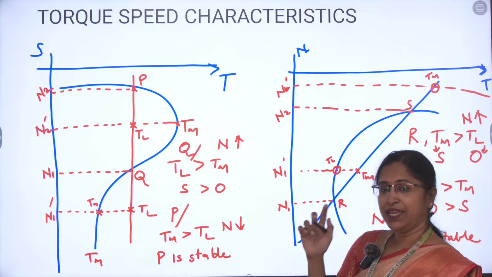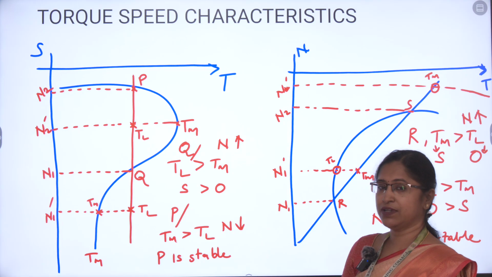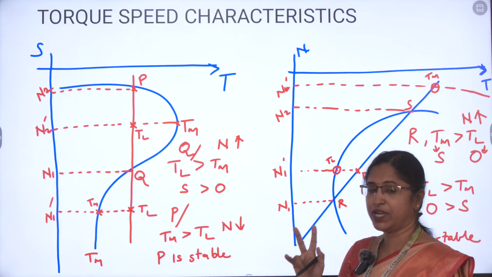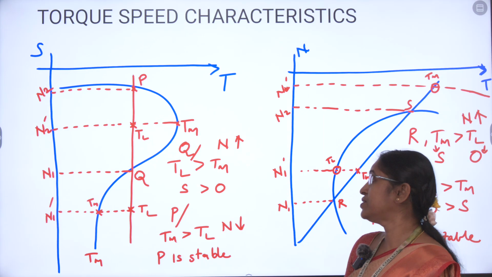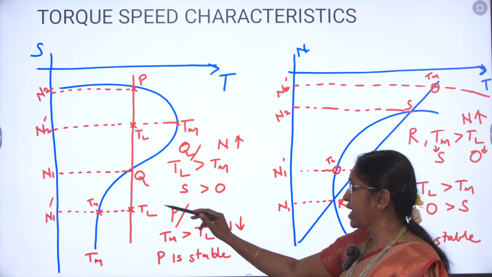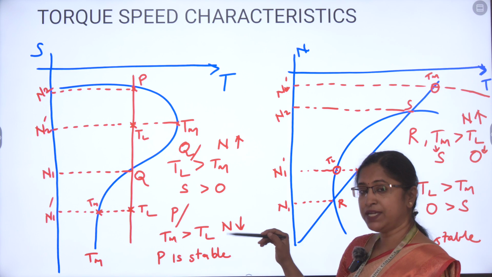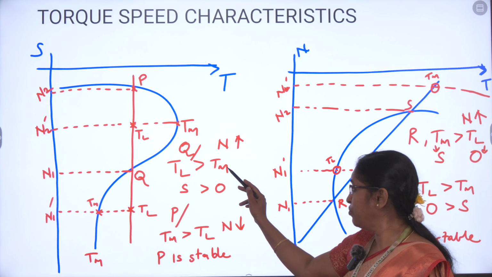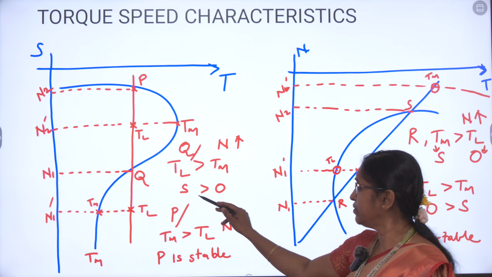In any case, for any operating point, if you want to discuss the stability of the system, you need to find out two things: which one is the supporting force and which one is the opposing force. Since torque has a positive value and speed is a negative value, speed depends upon the motor and TL.